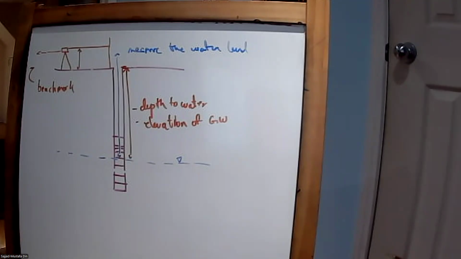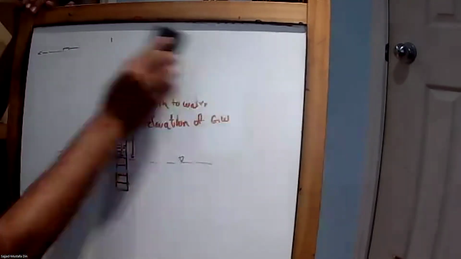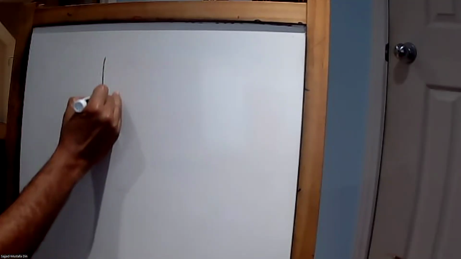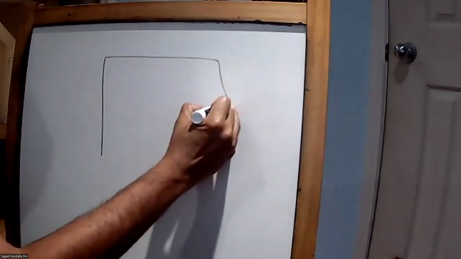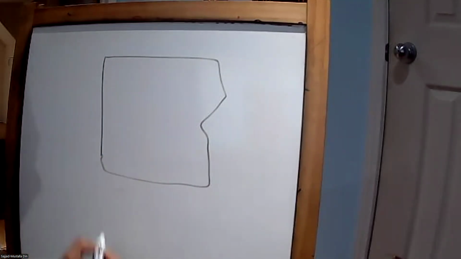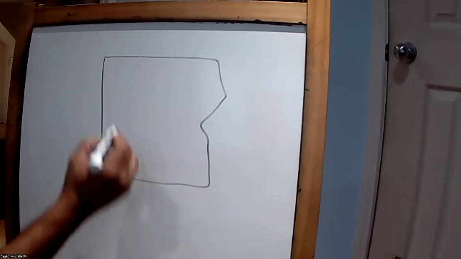So let's imagine that we do that at our site. Let's first draw our site, a bird's eye view of our site. So this is our site, an irregular shape.